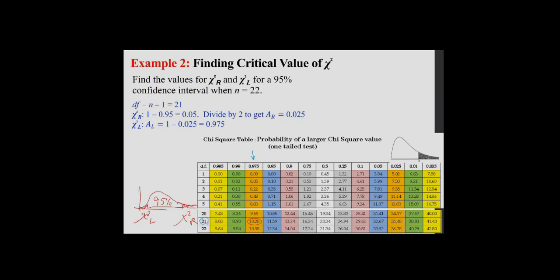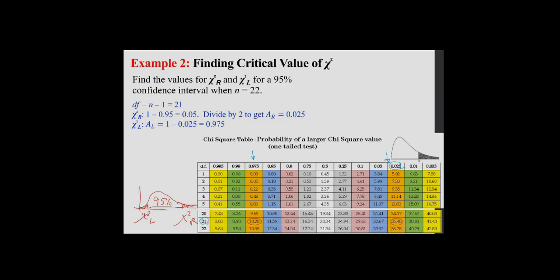And the area to the right of 0.025, and you can read 35.48. So those are your answers.